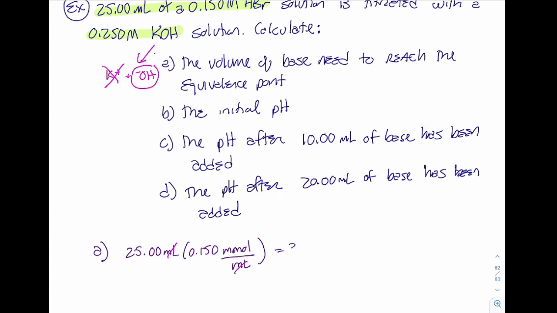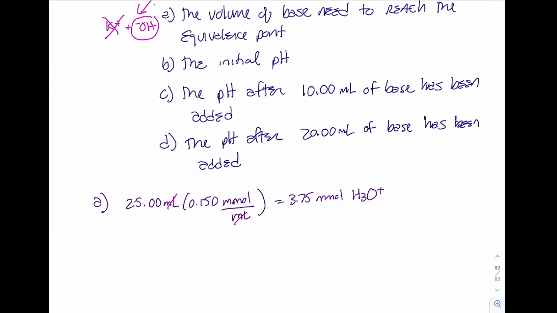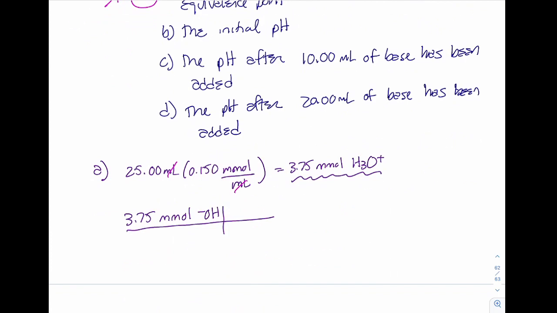And I have 3.75 millimoles of strong acid in that Erlenmeyer flask. We know at the equivalence point, my number of millimoles of base needs to be the same. So I'm going to have 3.75 millimoles of hydroxide ions. We want the volume, so I'm going to divide that by its concentration, which is 0.250.